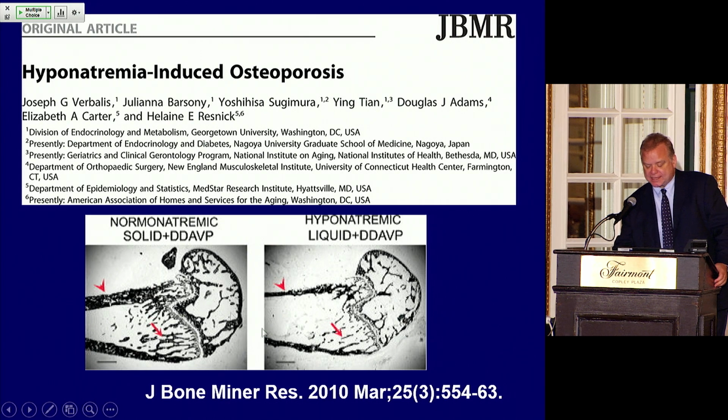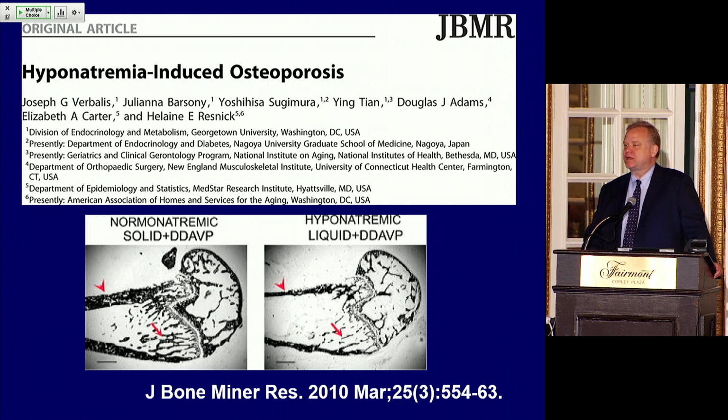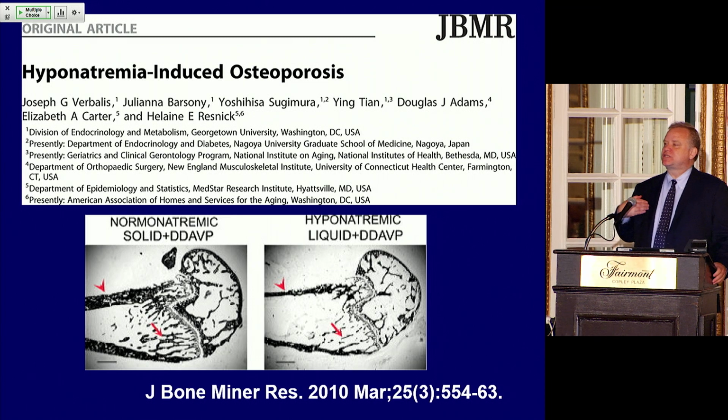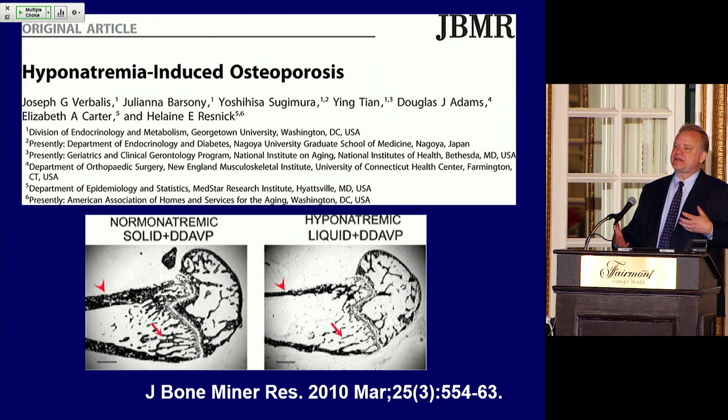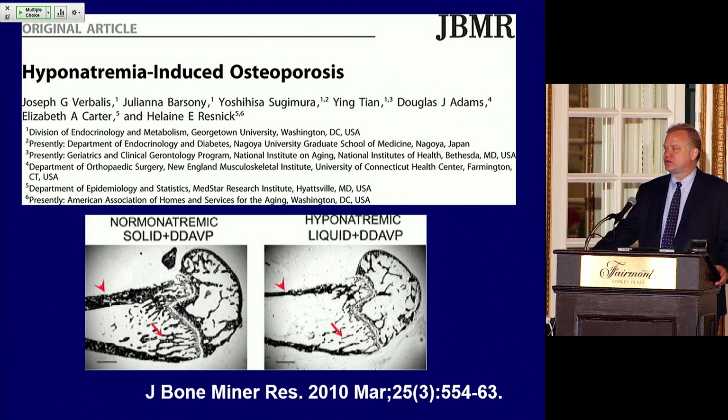If you look at rats that have been subject to this model of hyponatremia or SIADH, they have really profound osteoporosis, and we see this in patients as well. So this is something that I've adopted in my clinical practice. If I see somebody that really does have moderate hyponatremia that's chronic, I will do a bone density, and I think that is one of the major chronic sequelae that we as nephrologists need to tell our internist colleagues about.